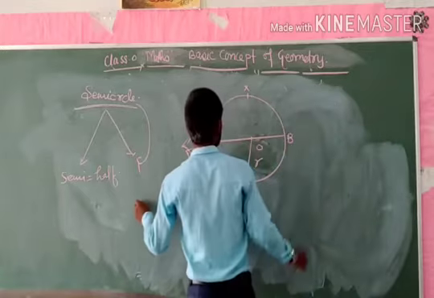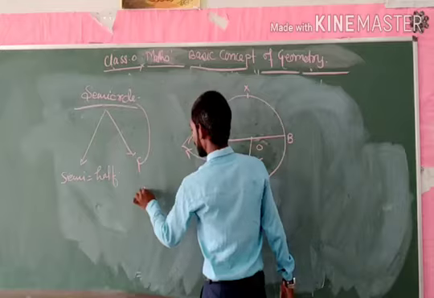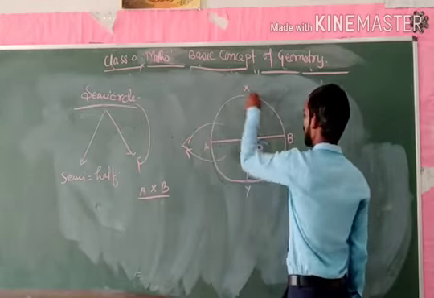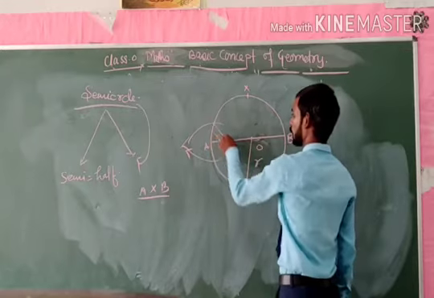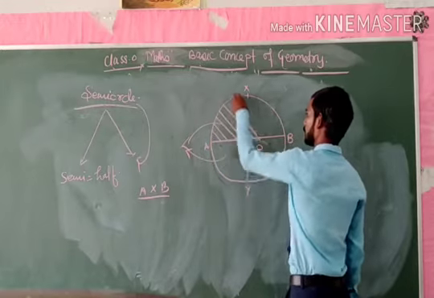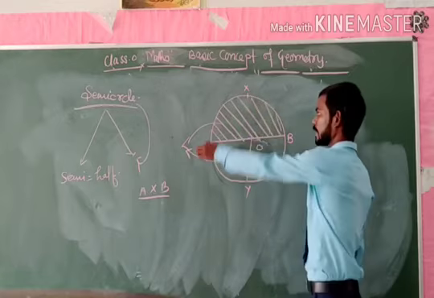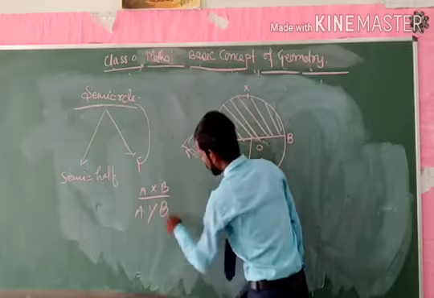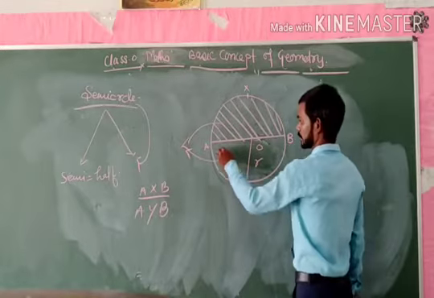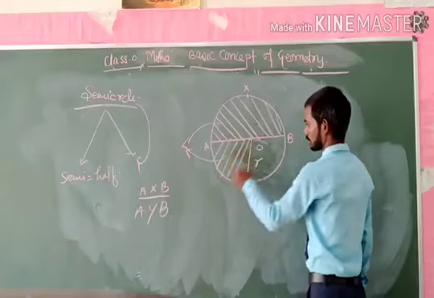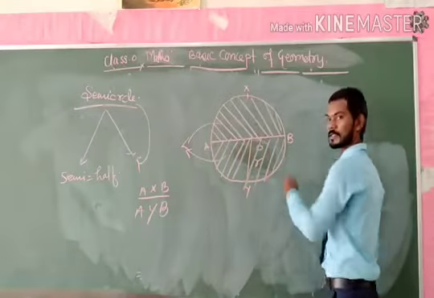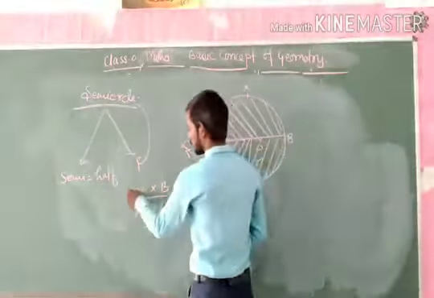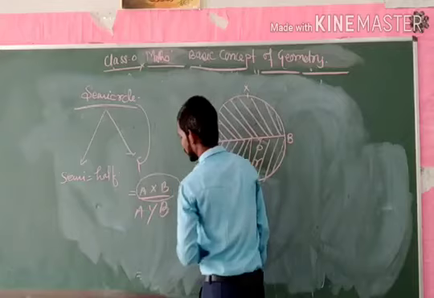So we give names to the two semicircles. AXB is the first semicircle, and AYB is the second semicircle. So we give the name of the semicircle by this notation.